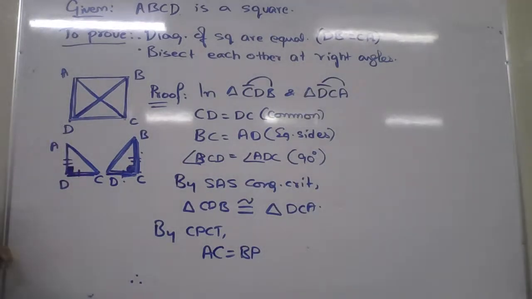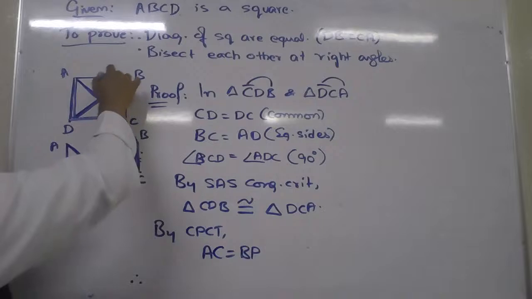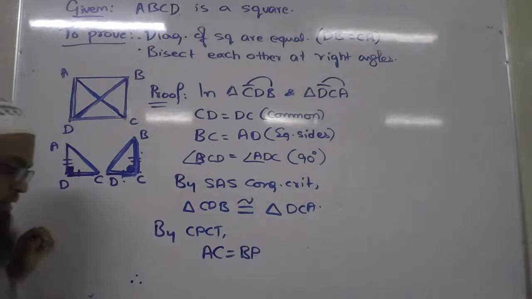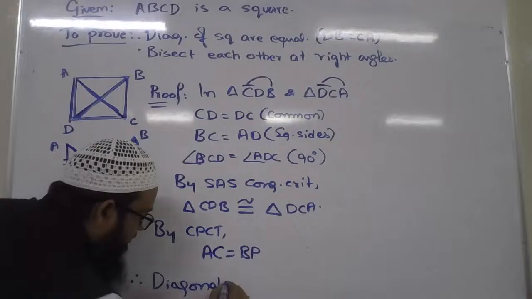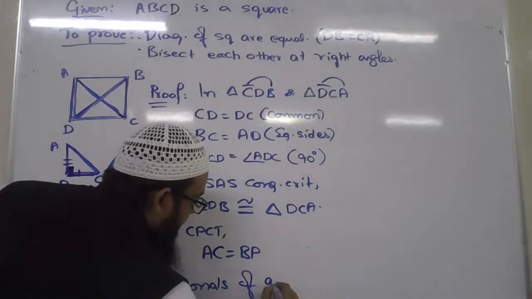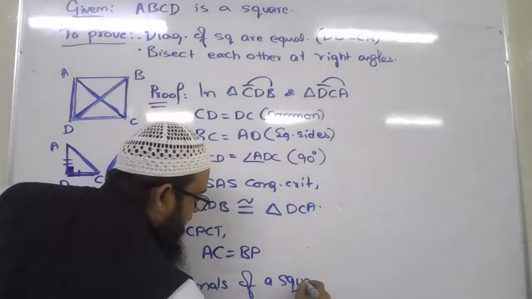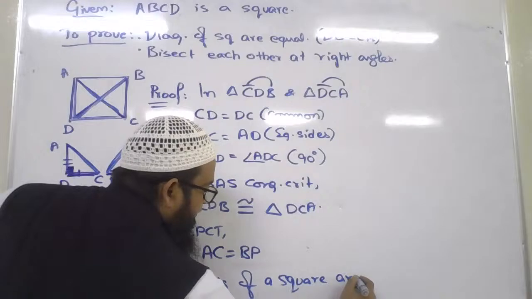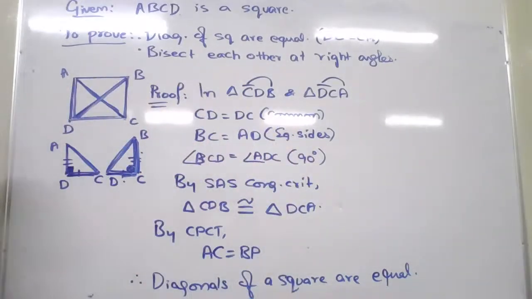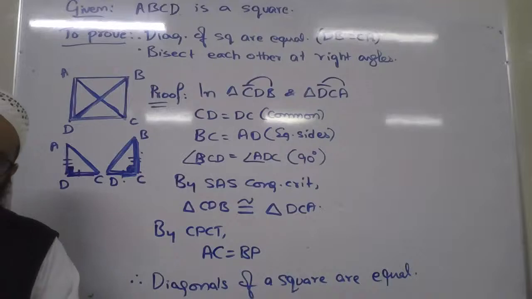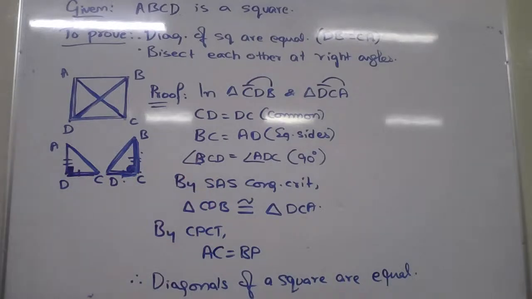What are AC and BD? Diagonals. So therefore, diagonals of a square are equal. Understood, everybody?